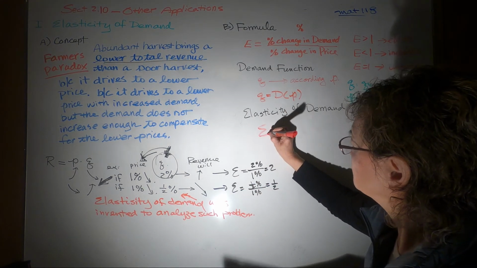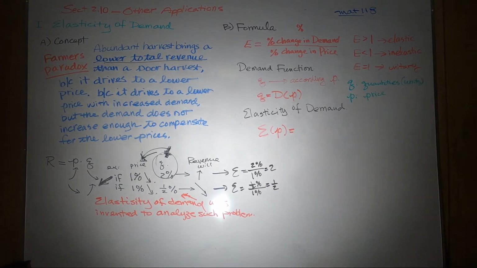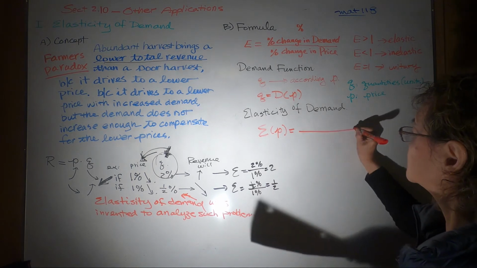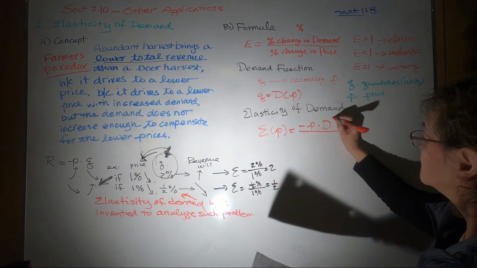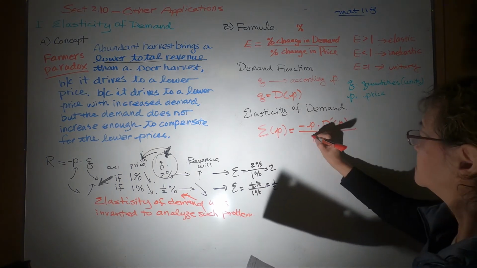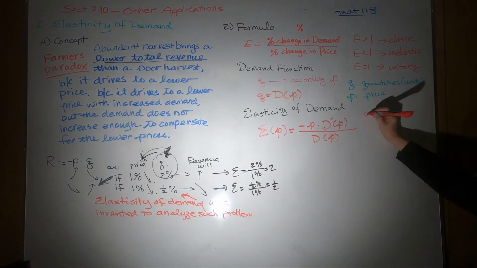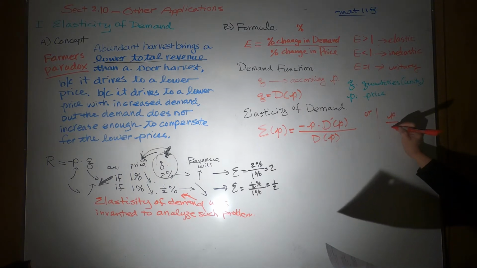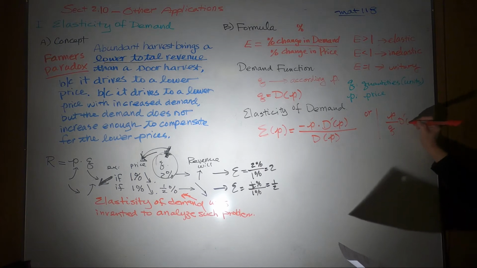E, according to the price. So it's written like this: negative P times the derivative, right? P over dP. Or we can write the absolute value of P over Q over D prime P.